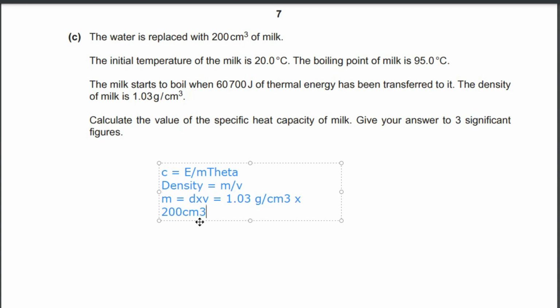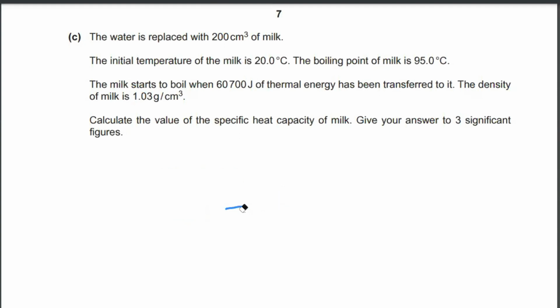As we are multiplying these two values, we can cancel out the centimeter cube, which leaves us with 1.03 multiplied by 200. So the final answer would be, mass is equal to 206 grams.